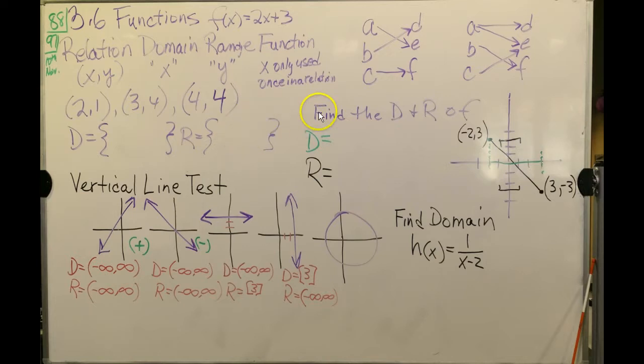Now, for this one, they're asking us to find the domain and range of this particular graph. Notice it's a line that extends from this point to this point. So all along this, what are the x elements?